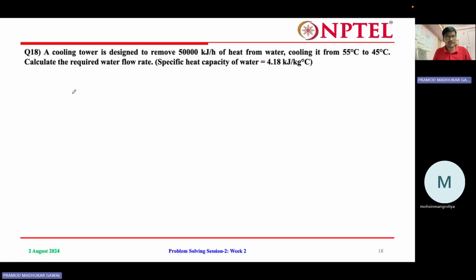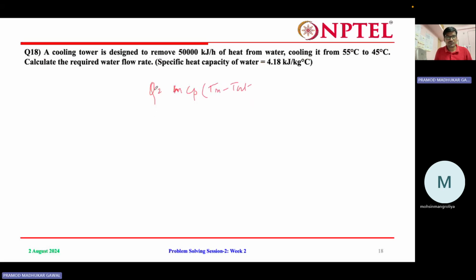Same concept here. A cooling tower is designed to remove 50,000 kilojoule per hour of heat from the water, cooling it from 50 degrees Celsius to 45 degrees Celsius. Calculate the required water flow rate. Here we have to calculate M, right? Q equals M Cp delta T, T in minus T out.